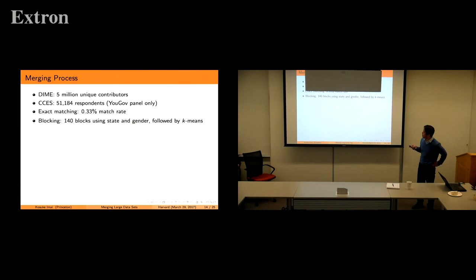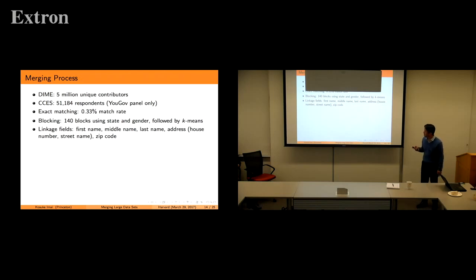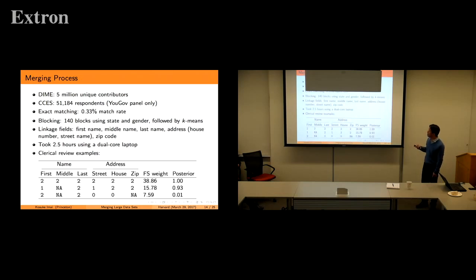We blocked by state and gender, and then did some blocking using k-means to further reduce the size of the comparison, to about 500,000 observations. We used first name, middle name, last name, address, and zip code as linkage fields. Our method is pretty fast: it took 2.5 hours using a dual-core laptop. That's not too bad.